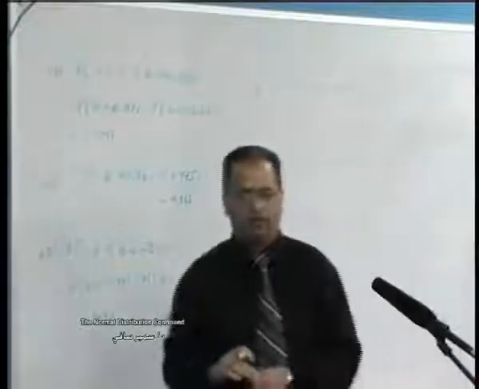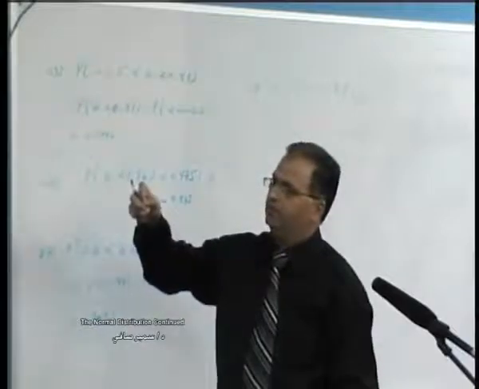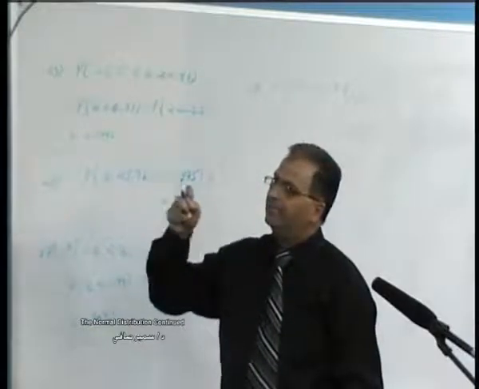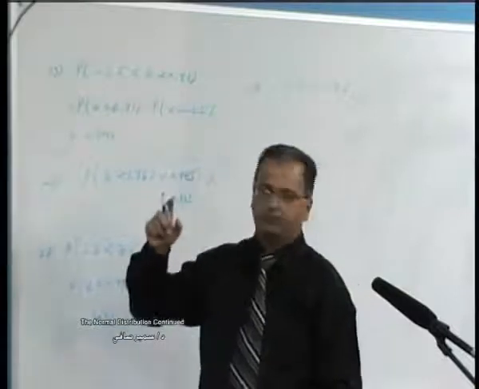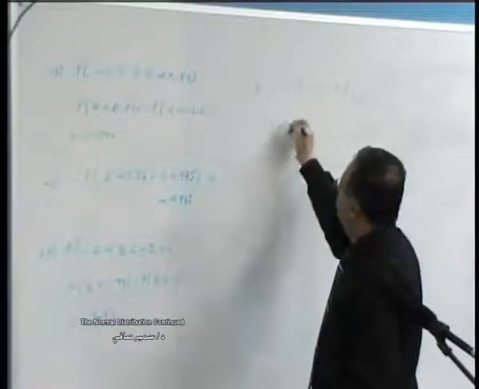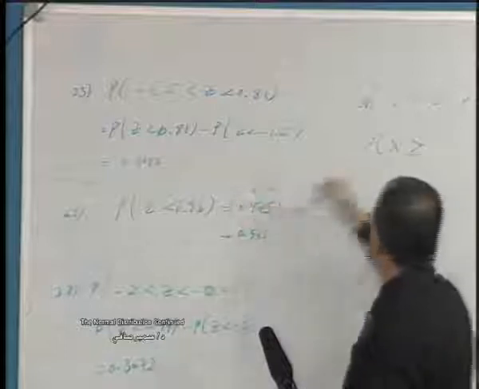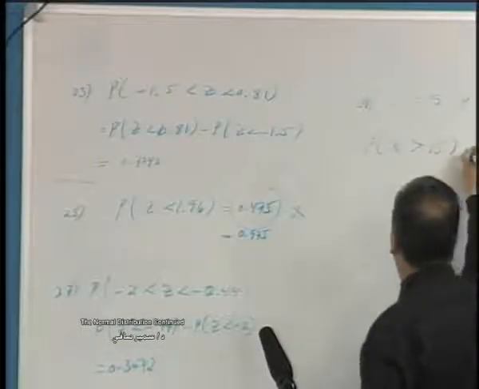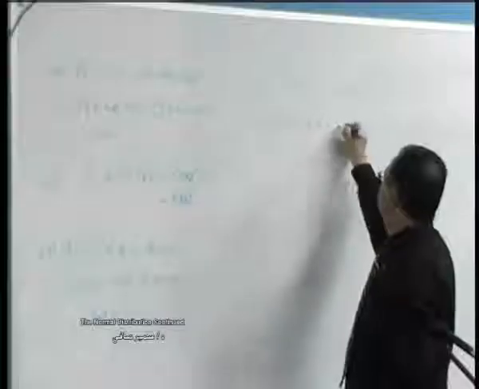Now again, go back to the problem. It says a worker earns $15 per hour and is told that only 2.5% of all workers make a higher wage. So it's P of X more than 15 equals 2.5%.